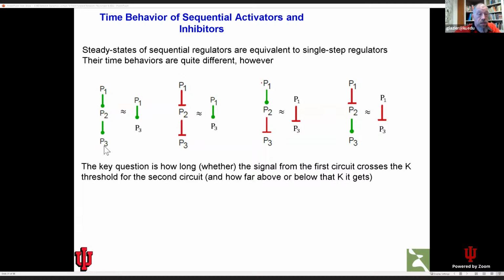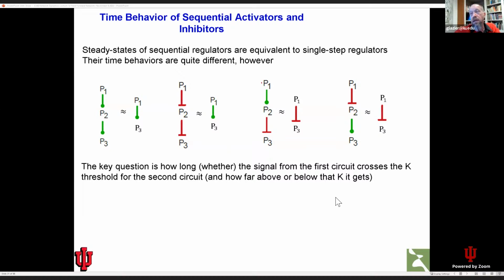So P3 will start at 0, and then at some point, P2 will come up above K2 and turn on P3. Similarly with this one, if we start off with P1 0 and turn it on, P2 initially will be turned on, and then at some point it will turn off, and that will turn on P3. And so the temporal behavior is a little more complicated than the fixed point behavior.